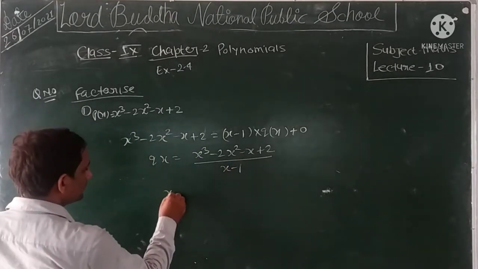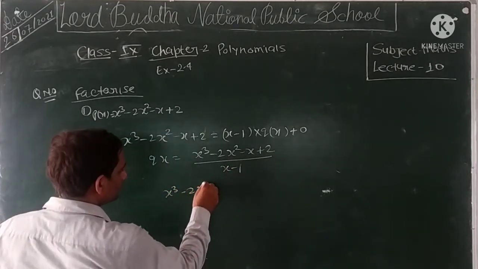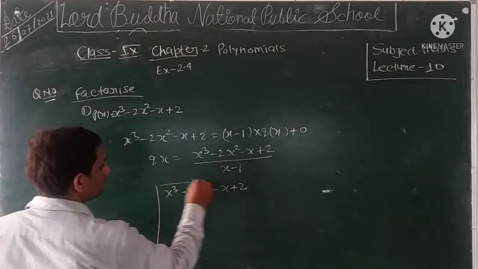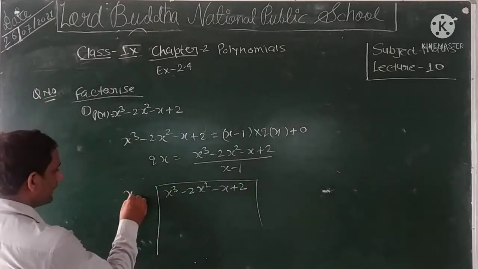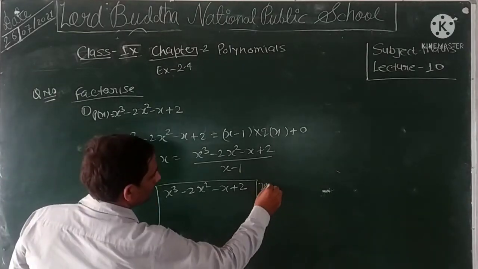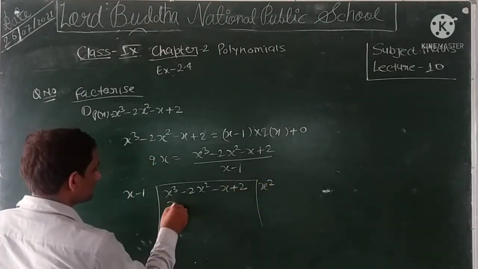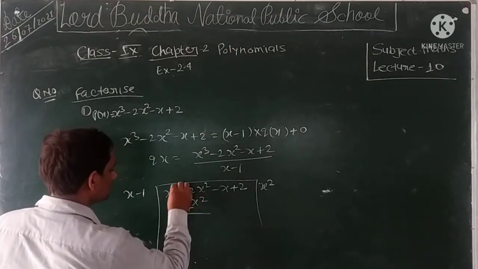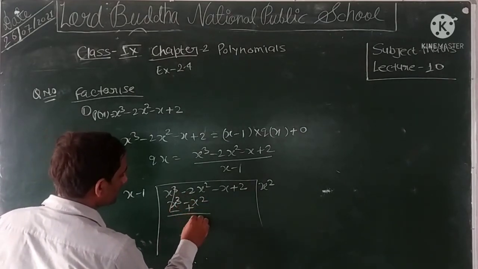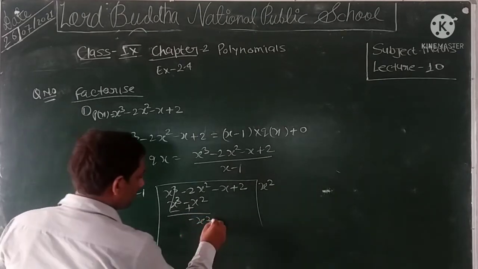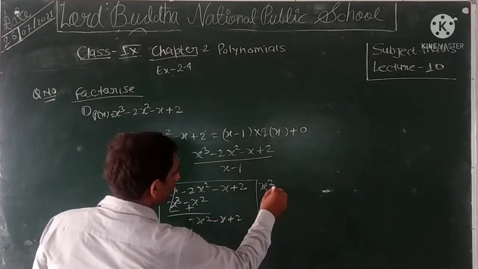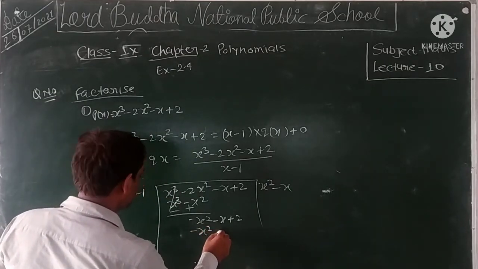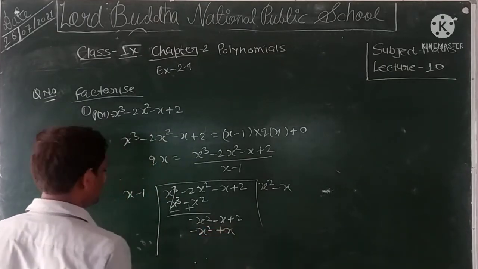Now we divide x cube minus 2x square minus x plus 2 by x minus 1. Here x square multiplied gives x cube minus x square, and subtracting gives minus x square minus x plus 2. Now we take minus x, giving minus x square plus x.